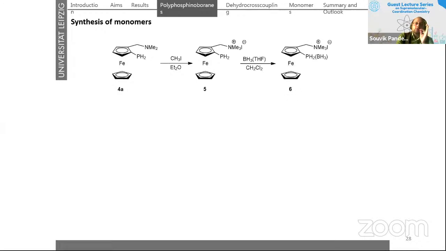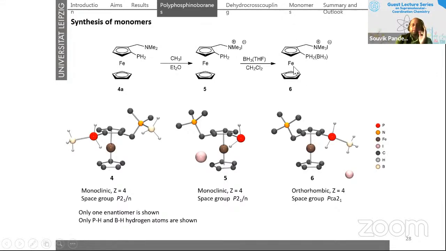Okay, so that's why I first did this ionization and phosphine, and then I blocked this nitrogen donor side, and then I got this compound, and we have a crystal structure of this compound. But interestingly, this compound became insoluble in almost all solvents. So for the polymerization, I used a solid state technique.